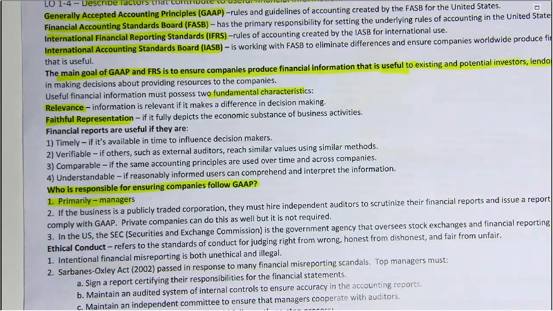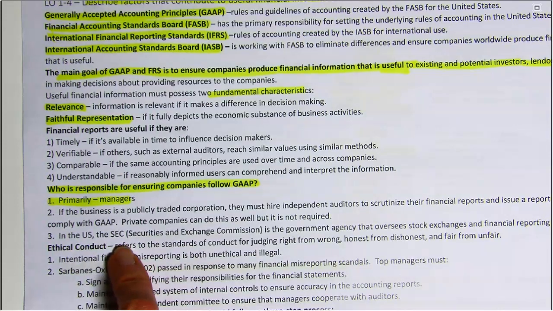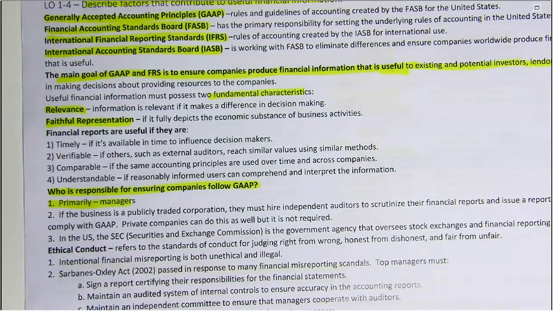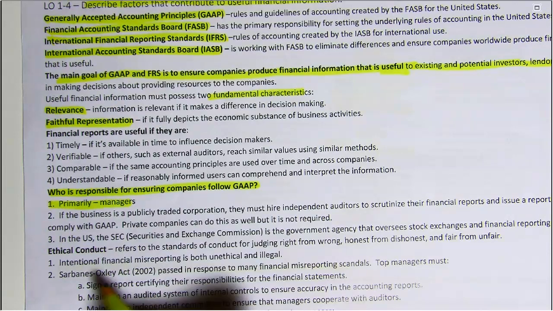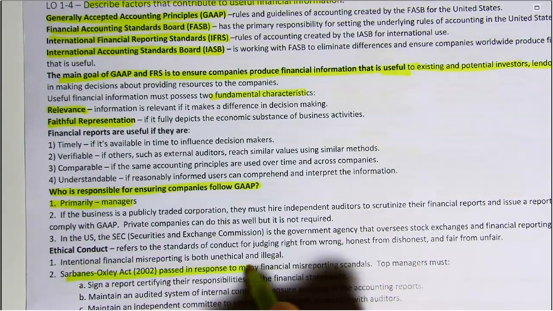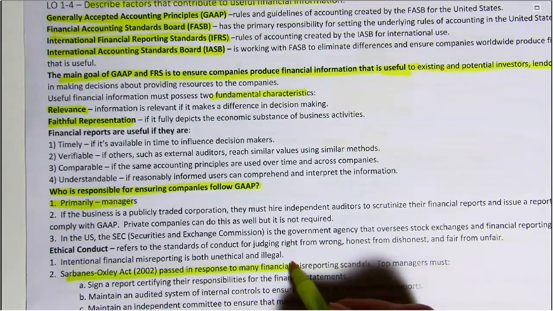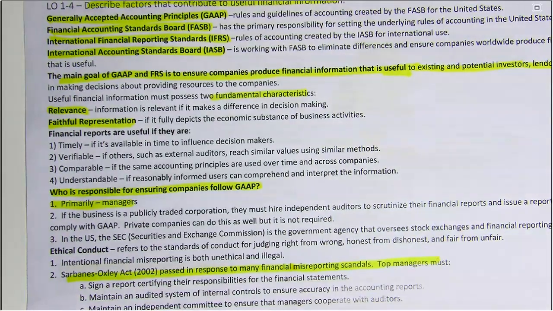The other thing we have to think about is, because we're responsible to the SEC if we are a publicly traded company, then we have certain other rules called the Sarbanes-Oxley Act. This act was passed in response to the many reporting scandals that occurred in the early 2000s.